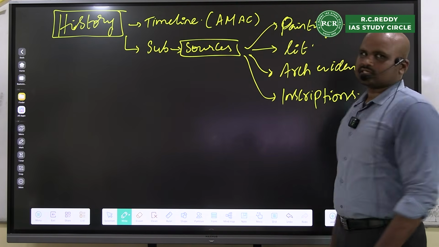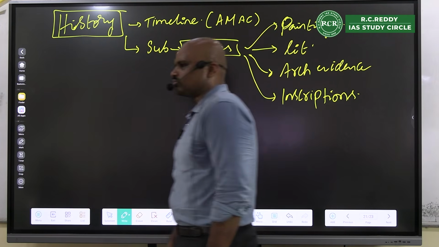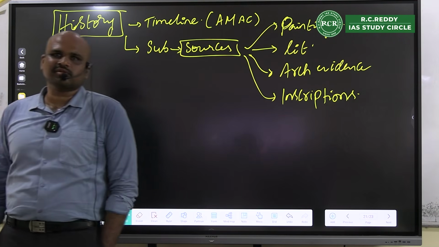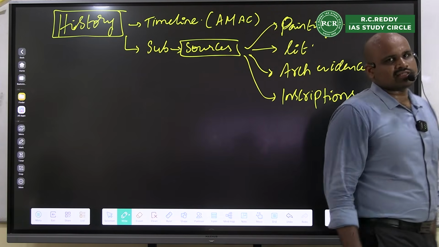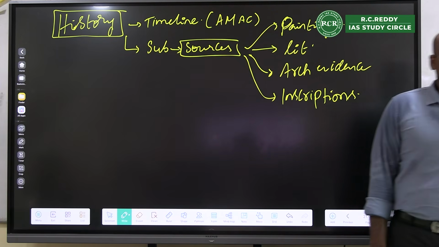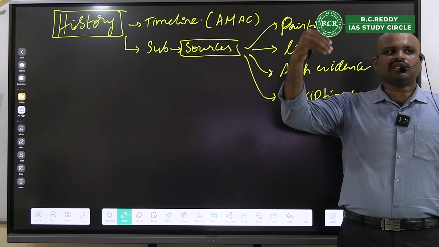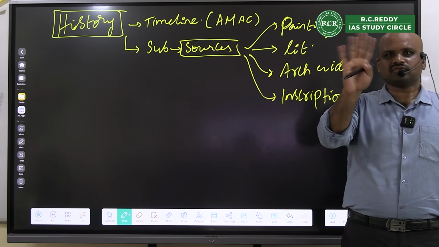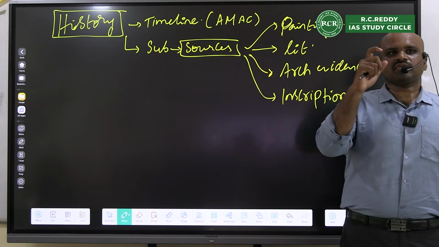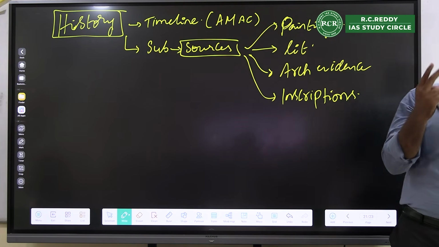Now suppose you say Shatavahana, definitely the inscriptions to be put in your answer are the Nasik inscription and the Nanaghat inscription. If you are talking about Kakatiya, definitely the Motupalli inscription has to come into the picture. So any given day, I need to have my sources ready. Should I go and read all of those sources? Not required. Just remember which kingdom, which aspect has these sources.